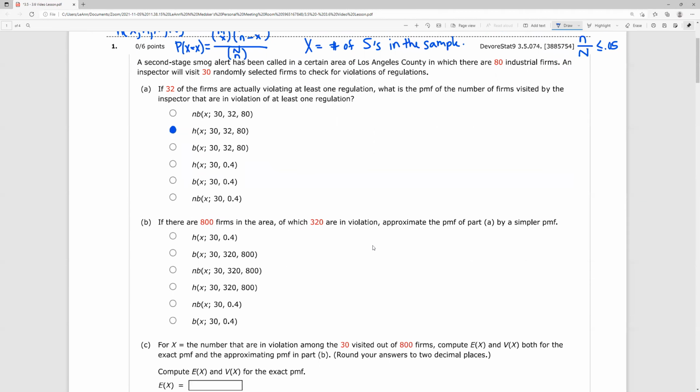So I know my big M and my big N, right? And if you actually look at big M divided by big N, because this is the actual number of violations in the population, and this is the total population.